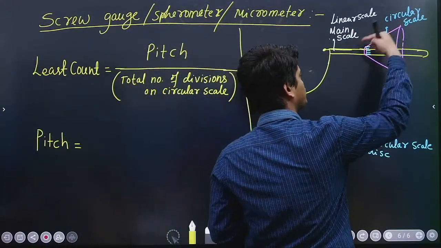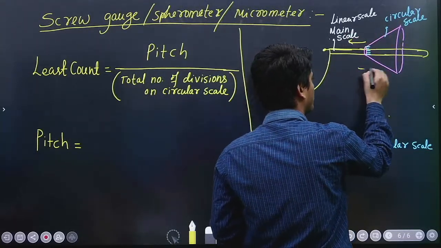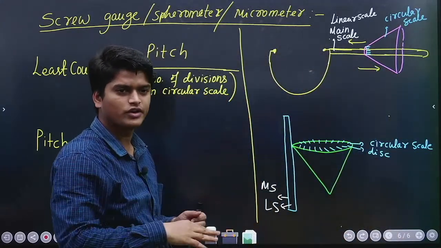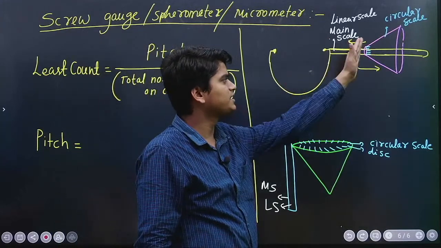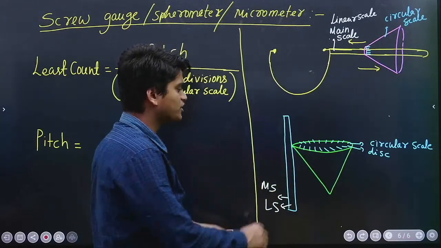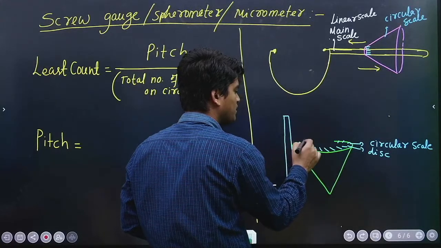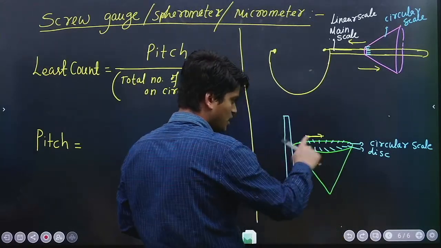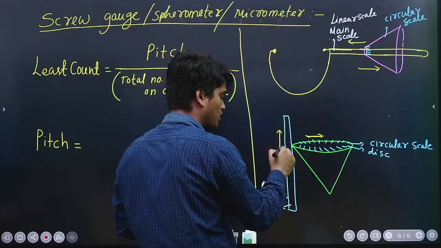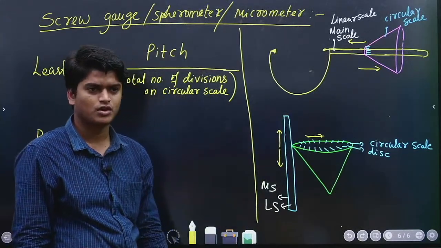If you rotate clockwise or anti-clockwise, accordingly it advances, either going forward or backward. Similarly, if this one rotates, the total circular disc will travel either upward or downward on this main scale. Yes or no?